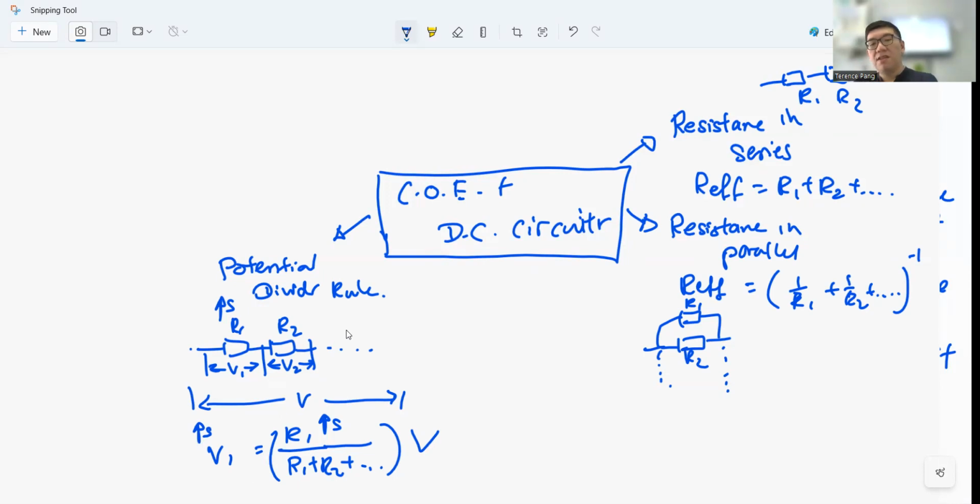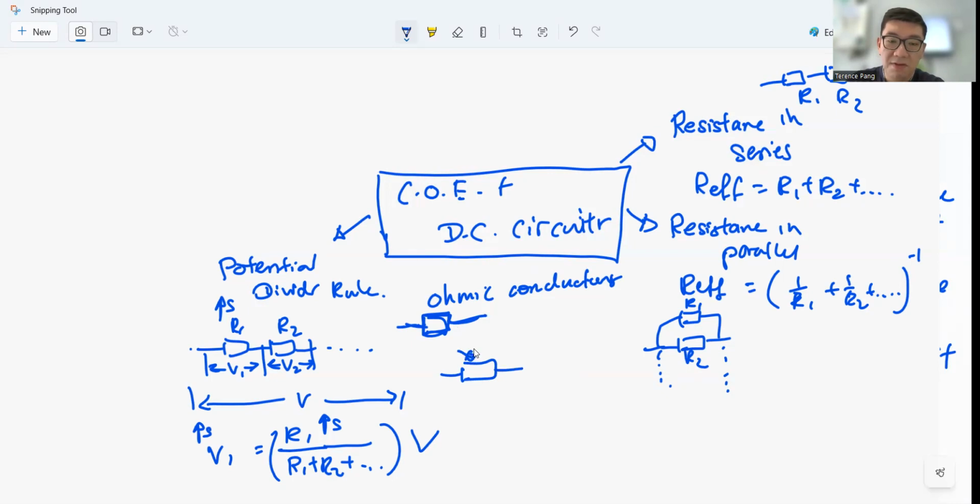because you're not only dealing with ohmic conductors. These resistors are ohmic conductors, but you could be dealing with non-ohmic transducers, as they call it.